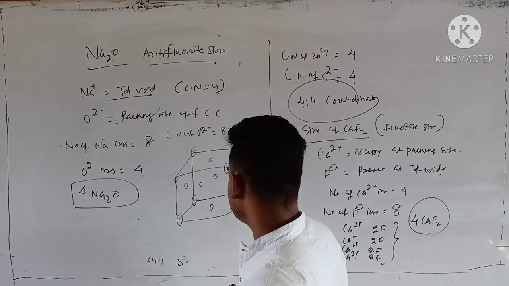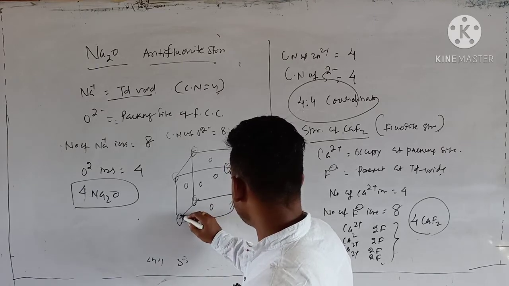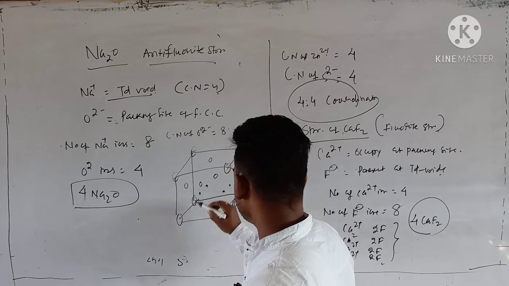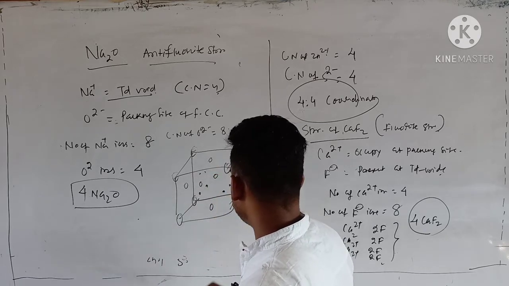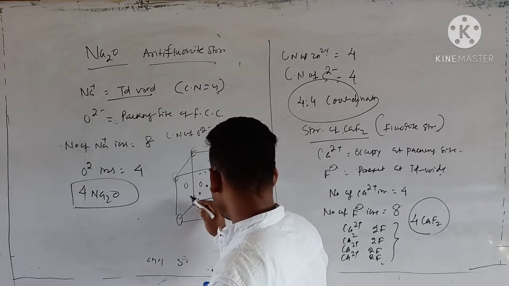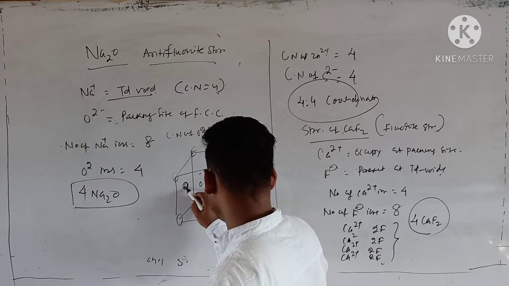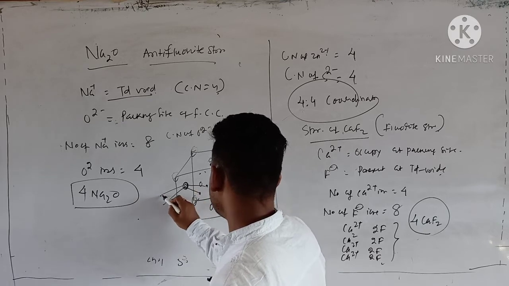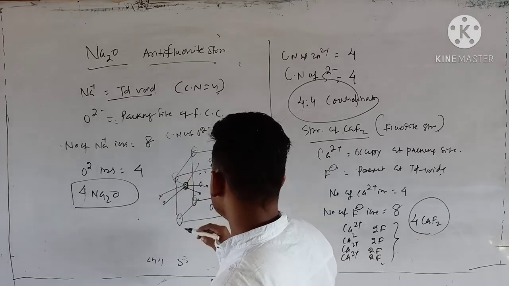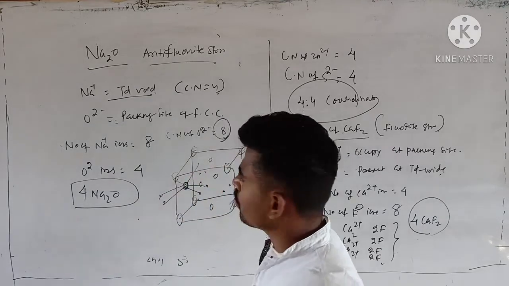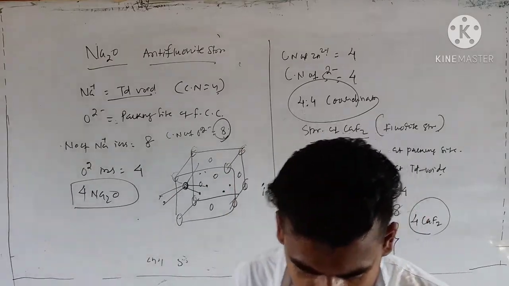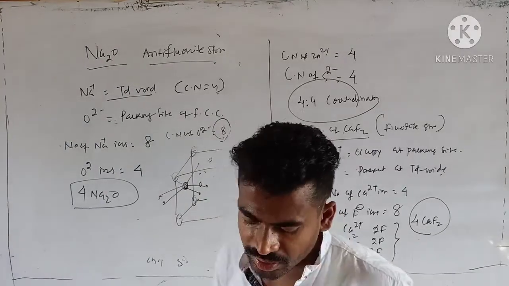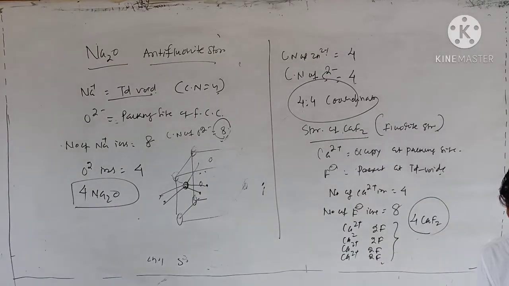If I target one sphere, you see tetrahedral voids, 1, 2 here, 1, 2 here, alternately at diagonals. So if I consider this sphere, it touches this one, again from this side this one, 4, and above 4. So 8 will be its coordination number. Is that clear? So these are the structures of ionic solids.